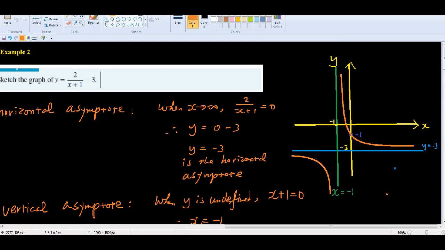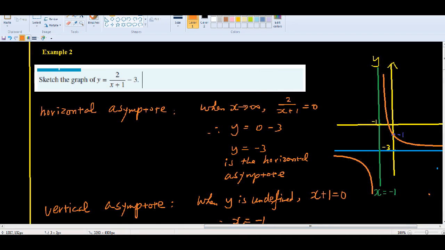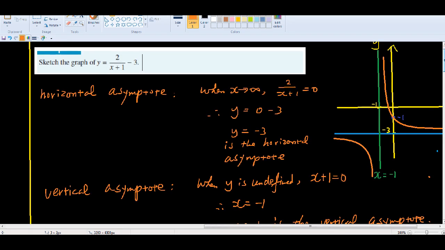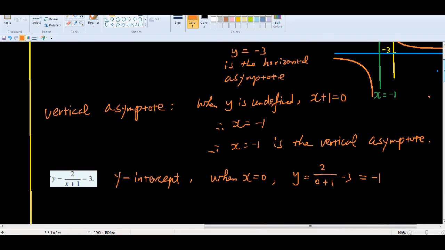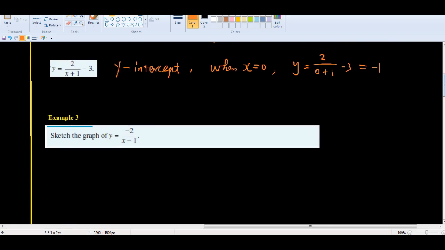You have to check whether the curve you draw approaches the two asymptotes and also passes through the extra point you found. That means to sketch a graph for a rectangular hyperbola, you need to find the horizontal asymptote, the vertical asymptote, and one extra point. That extra point is possibly easier if you find the y-intercept.